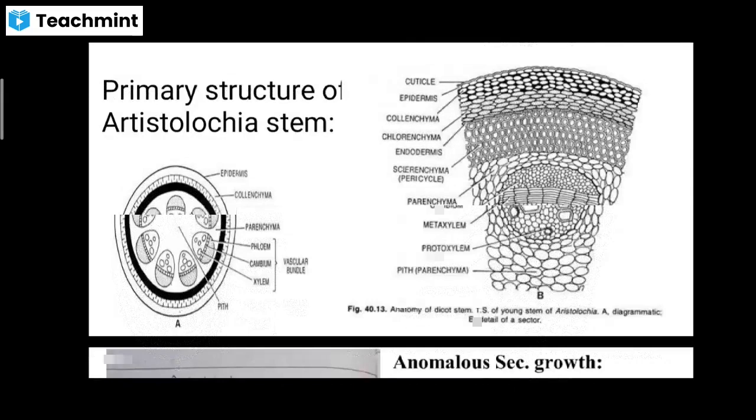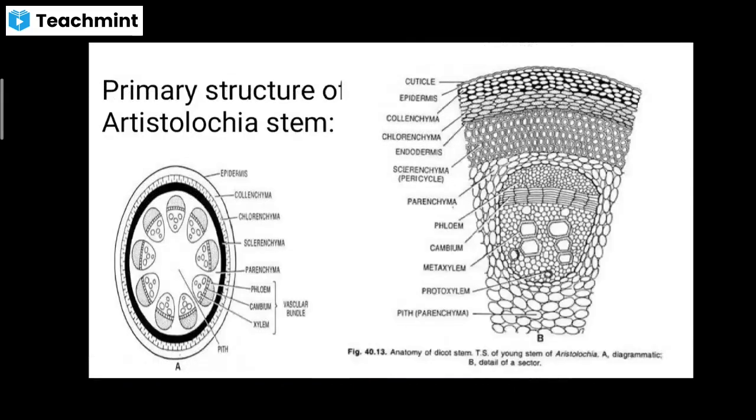Abnormal activity means there is some addition of abnormal type of cell. Instead of the normal cell, there is the addition of a different type of cell. So in the second figure, we have seen one part of that Aristolochia. In that, you can clearly see the different types of cell.